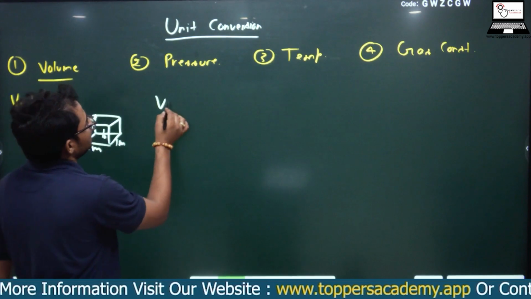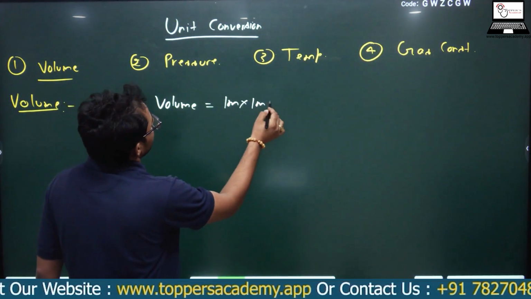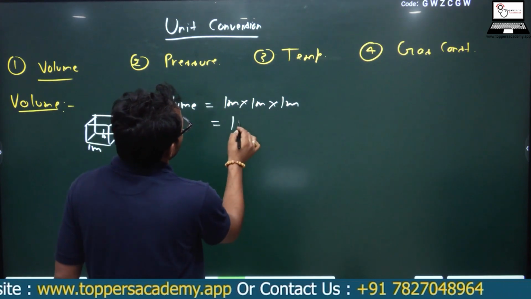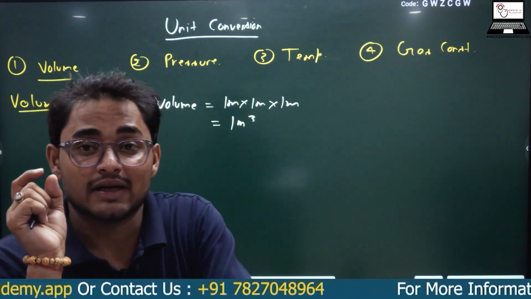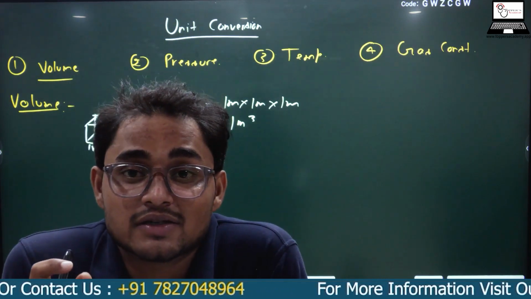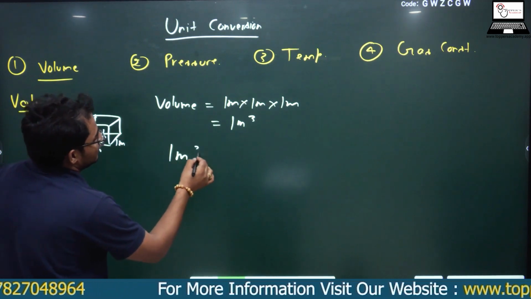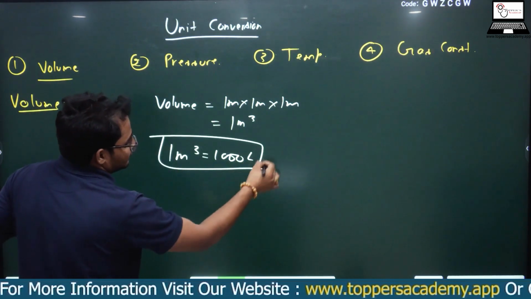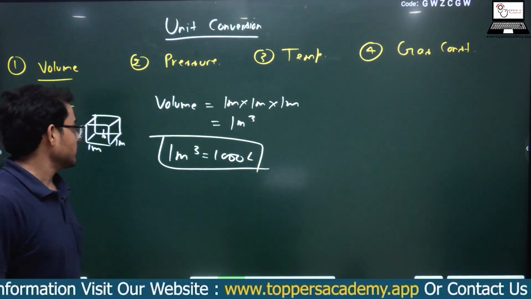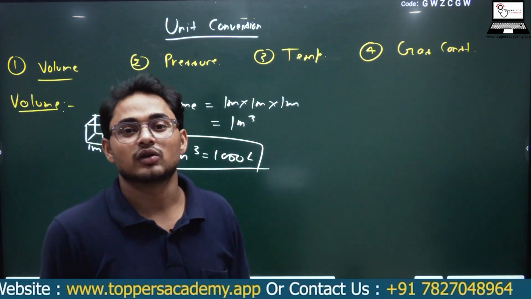So what will be the volume of this water tank? 1 meter into 1 meter into 1 meter, length into breadth into height. So 1 meter cube. And you know the water that can be filled in this water tank is 1000 liter. So I can say that 1 meter cube is equal to 1000 liter. Maximum amount of water that can be filled in this type of container is 1000 liter.